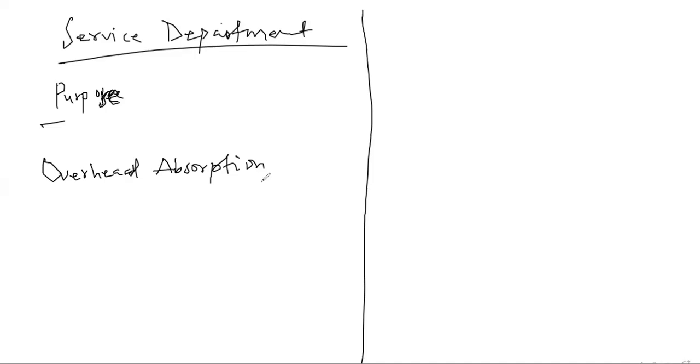That is, you share it. What the absorption here means is you share it to the cost unit or the product. You absorb the overheads into the cost unit. That is the absorption. So overhead absorption is the spreading or sharing of overhead expenditure among the cost unit.